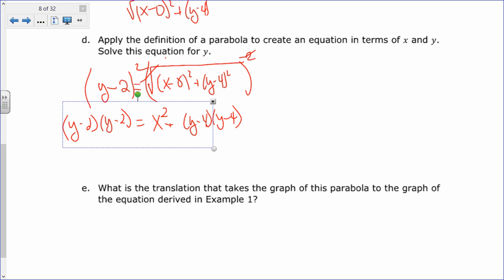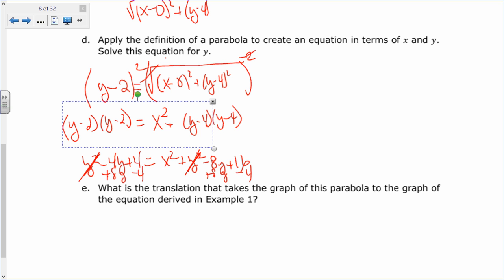Now I have to multiply, so I will have y squared minus 4y plus 4 equals x squared plus y squared minus 8y plus 16. Now I need to get y's on one side, x's on the other. Here my y squareds cancel each other out. And I'm going to add 8y to both sides. And then subtract 4.